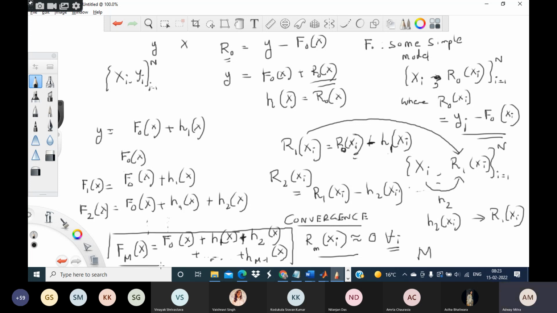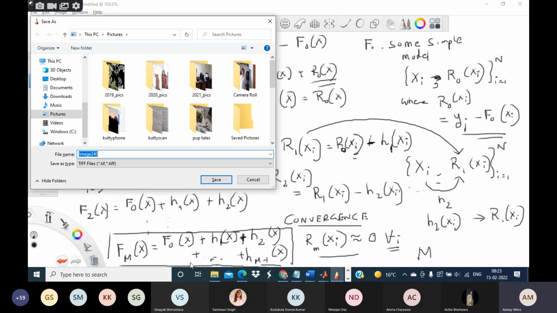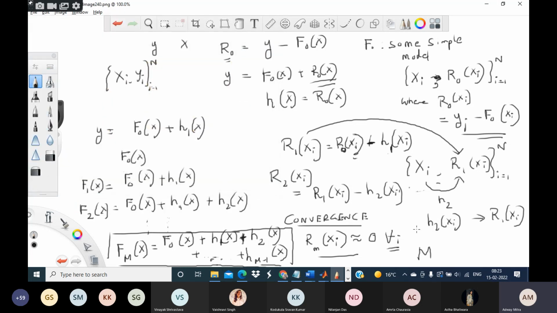Fine, so this is where your whole model converges. Either you stop after a fixed number of iterations, which you can call capital M, a predefined number.